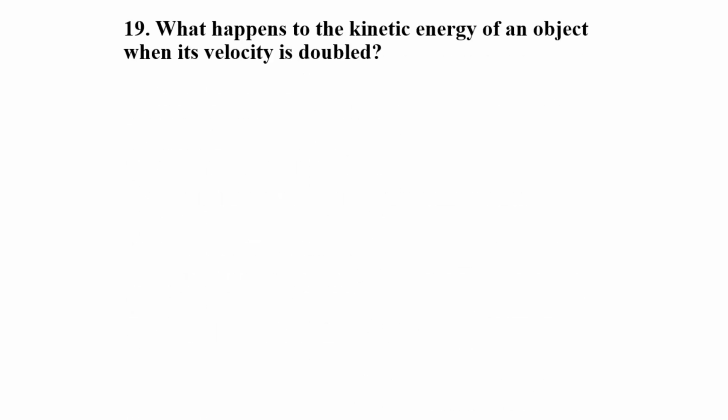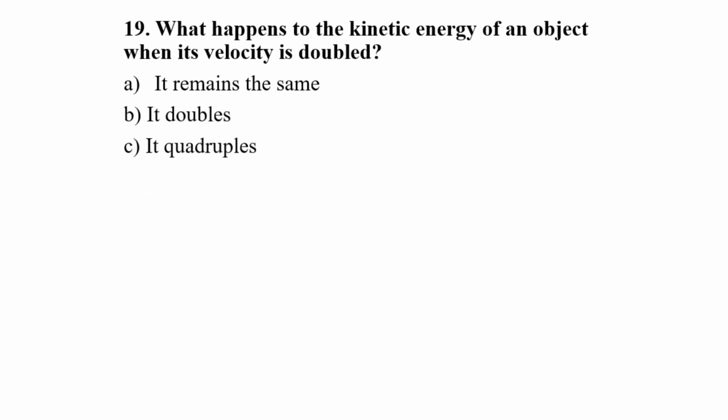Question number 19. What happens to the kinetic energy of an object when its velocity is doubled? A. It remains the same, B. It doubles, C. It quadruples, D. It decreases by half.